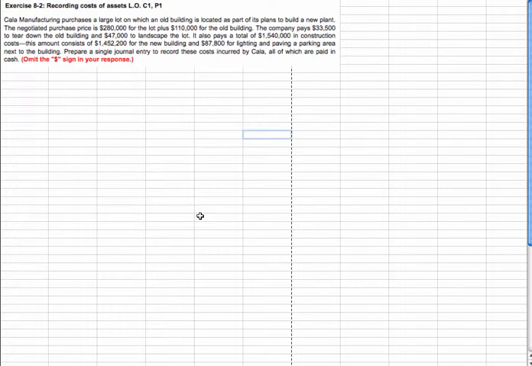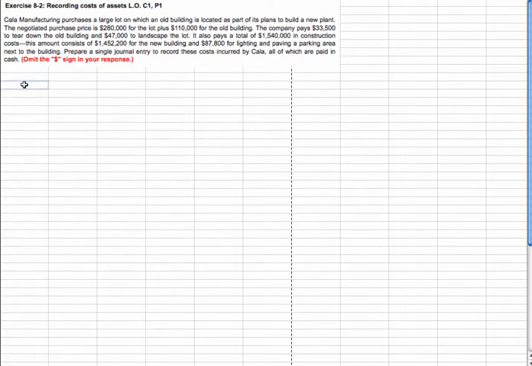It also pays a total of $1,540,000 in construction costs. This amount consists of $1,452,200 for the new building and $87,800 for lighting, paving, and parking area next to the building. And what they want you to do is to prepare a single journal entry to record these costs incurred by Calla, all of which are paid in cash.